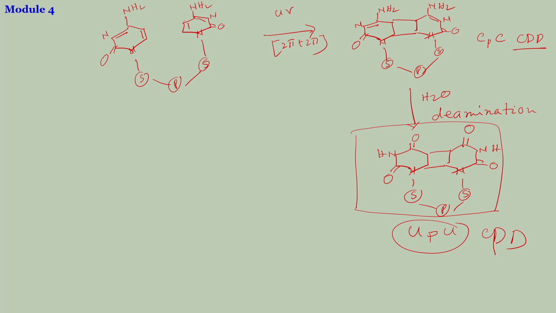So, that is for the cyclobutane pyrimidine dimer, and if you do the other Paterno-Bucchi reaction between this, I am writing here now, N double bond.